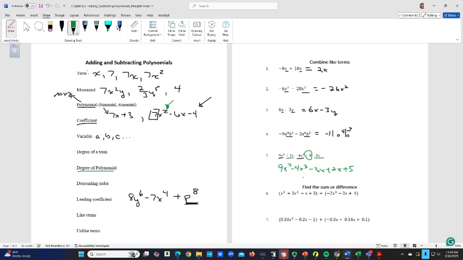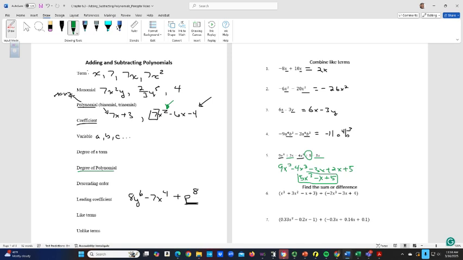Now I can combine. My coefficients: 9 minus 4 is going to give me 5x cubed. Negative 3 plus 2 is just going to be negative x plus 5. And now we are as simplified as we can be.